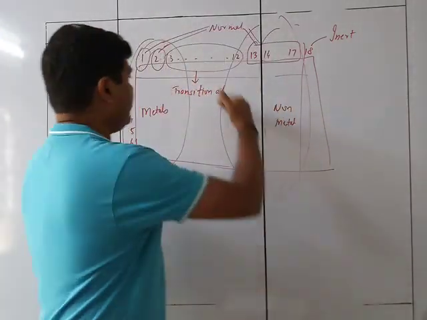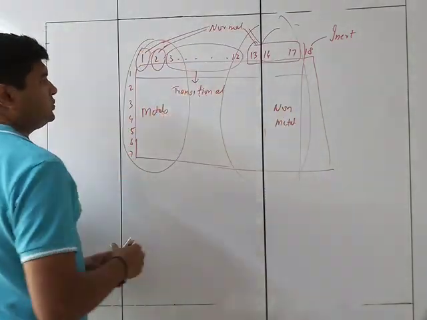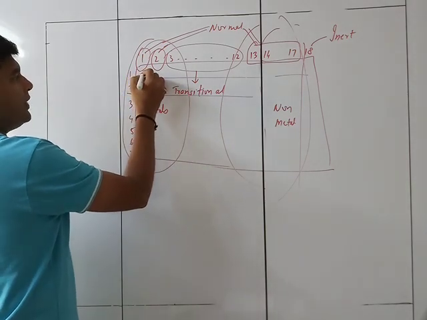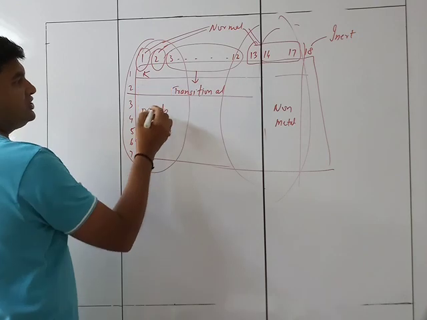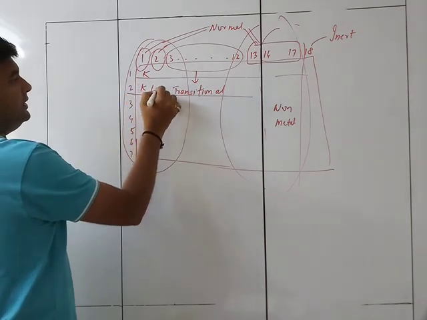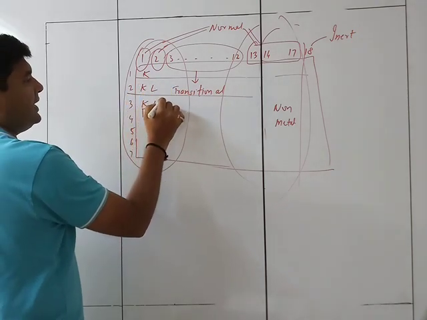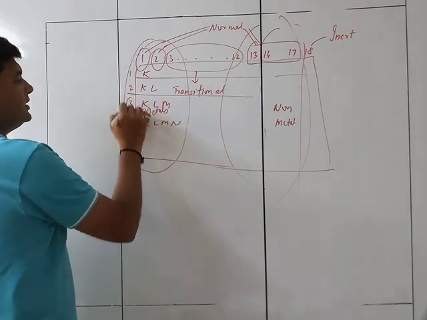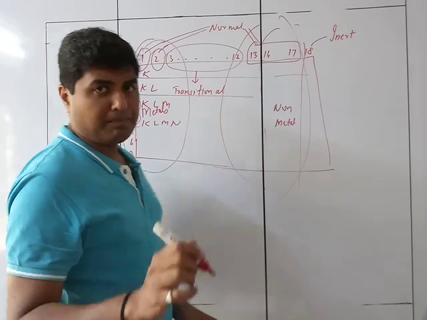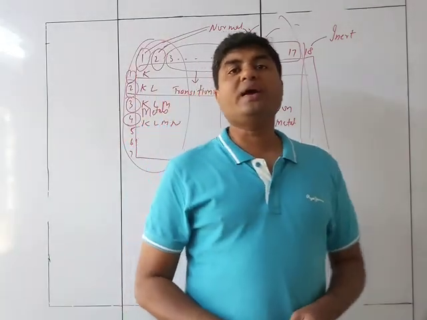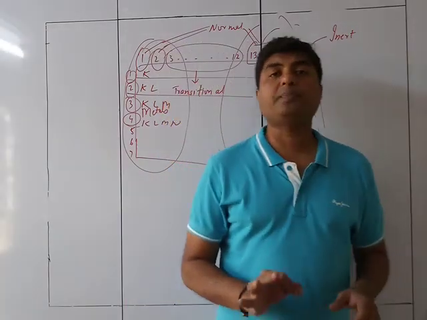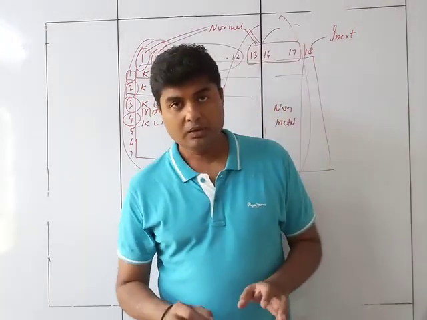Now in case of the period, so this was the group, about the periods. You can see that the period is this way, that this will have only one shell. So it is K shell, this is K and L, that is 2 shells, this is K, L, M, this is K, L, M, N. So you can consider that the period number also indicates the number of shells present in that particular atom.